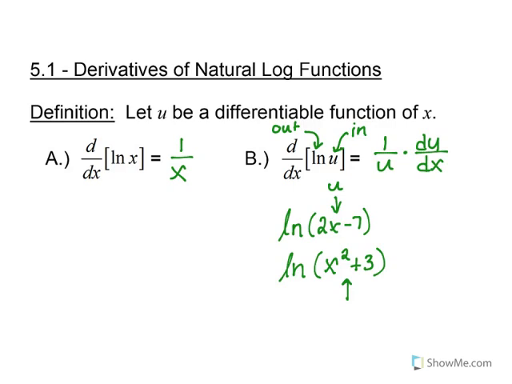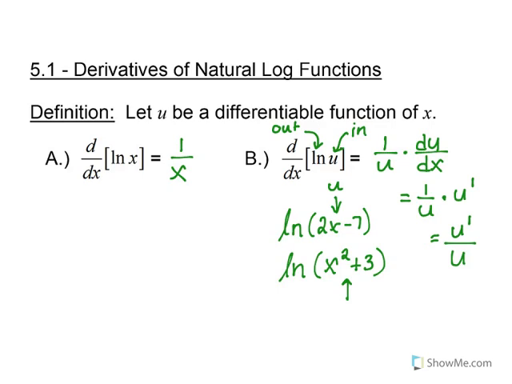The derivative of natural log is 1 over the inside thing. And then we do times the derivative of the inside function, du dx. Another way to write this is 1 over u times u prime, or you could also write it as u prime over u. Keep in mind that's u prime, that is not u to the first power.